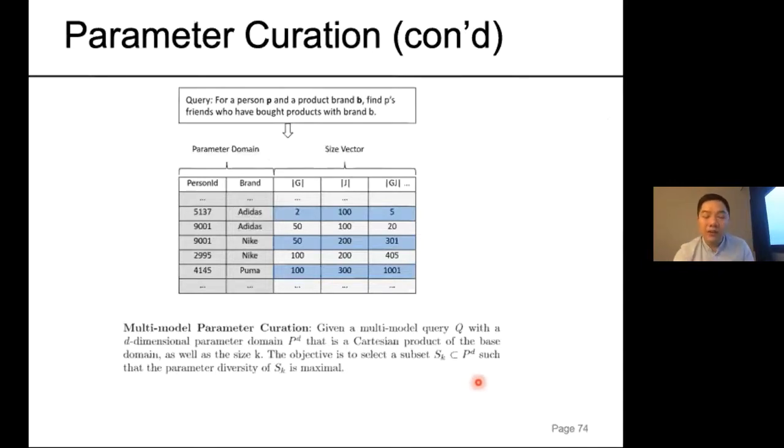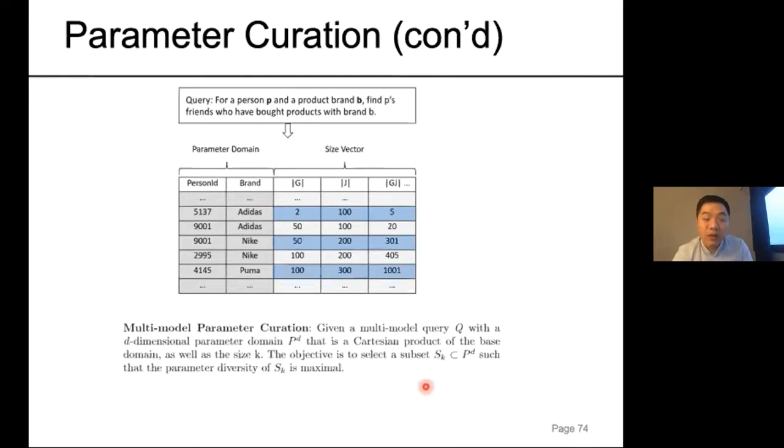So to address these challenges, we formalize a new problem called multimodal parameter curation that is aimed at diversifying the query selectivity under the control of parameter curation. So first of all, we define the diversity of the size vector as the normalized Euclidean distance.